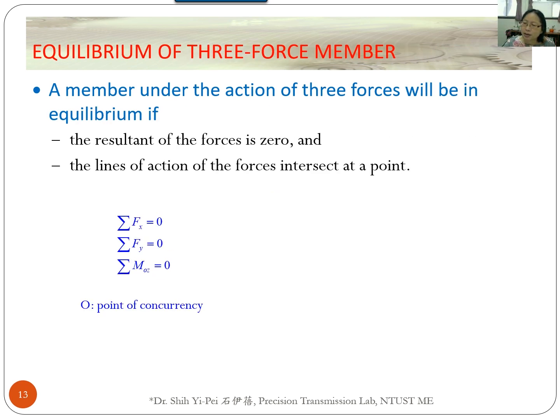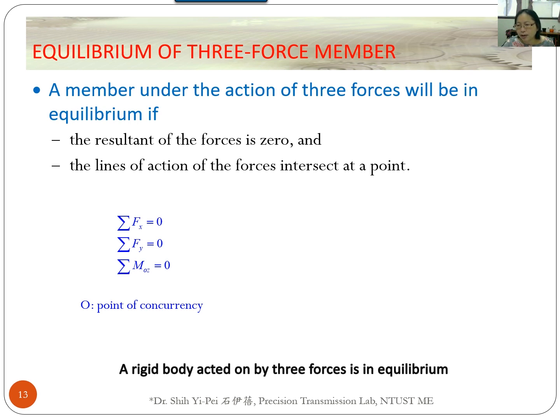The slide shows a 3 force member. A rigid body acted on by 3 forces is in equilibrium only if the forces are concurrent and the resultant is equal to 0.